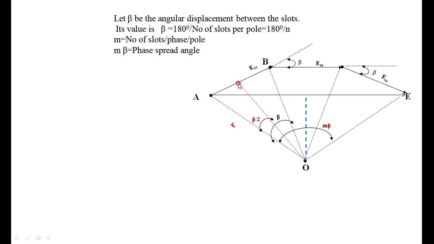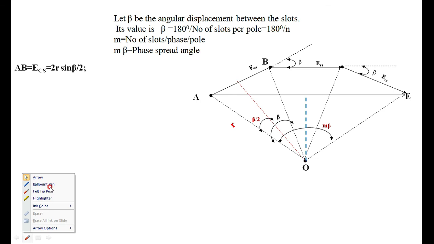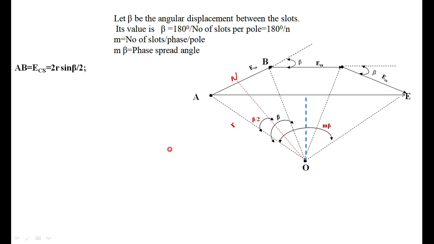Therefore, how am I proceeding? I am taking these two construction lines, then I am finding AB. I take an intermediate point, which I told you, as point N. If we take triangle OAN, then we know that AB is equal to 2 times AN.